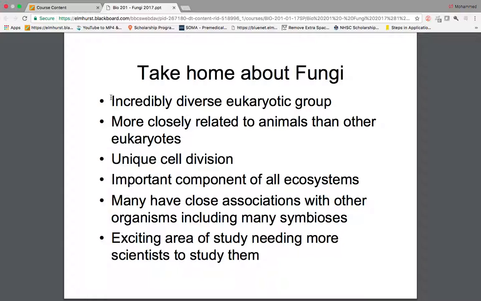There are not many fungal geneticists out there, even though it's an incredibly interesting group of organisms. We recognized that this was a deficit in our curriculum. We wanted to get a biologist that could plug it, and there was no biologist that could plug it. So we hired a fly geneticist. Dr. McClure, she left last year. She was here for 3 years. All right, fungi, awesome. That's the take home.